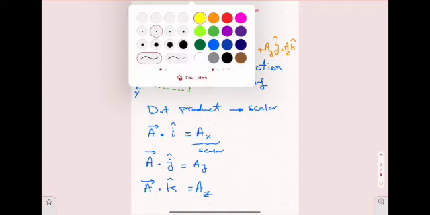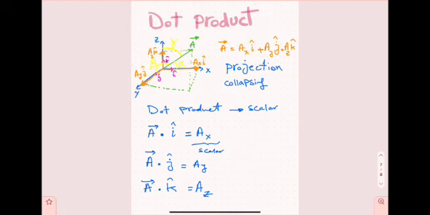And now we can talk about this collapsing of projection also in terms of the angles. So for example, if I have the vector A and then I collapse it on this axis X, what do I get? It's the value of the magnitude of A times the cosine of alpha. So that's also then the AX value.